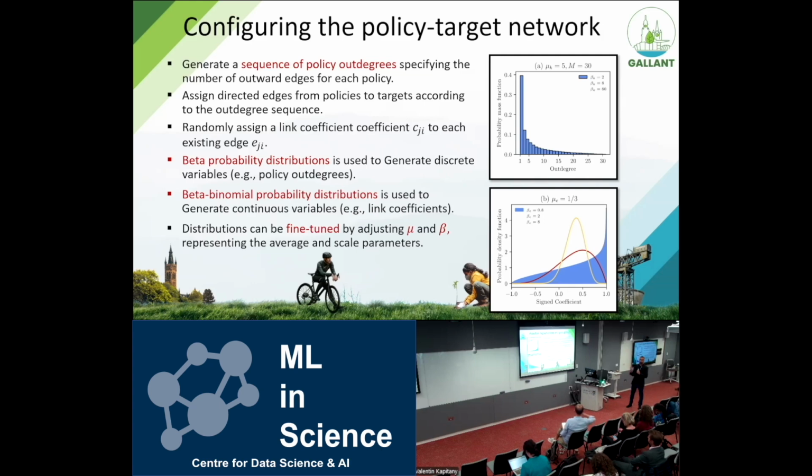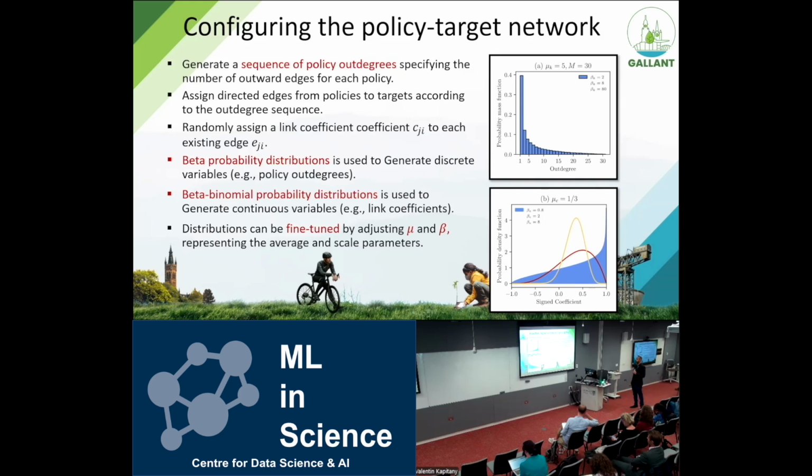Those two random arrays are generated using two types of probability distributions. The first one is the beta distribution, which is used to generate discrete variables. And the second is the beta binomial distribution for continuous variables.